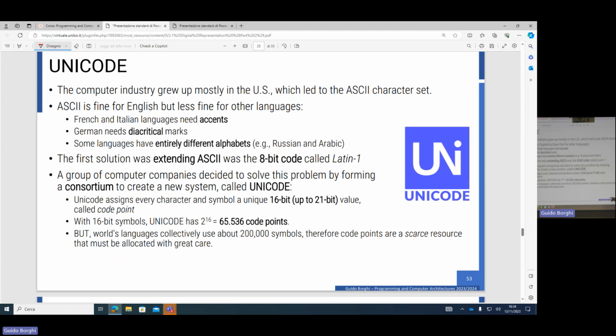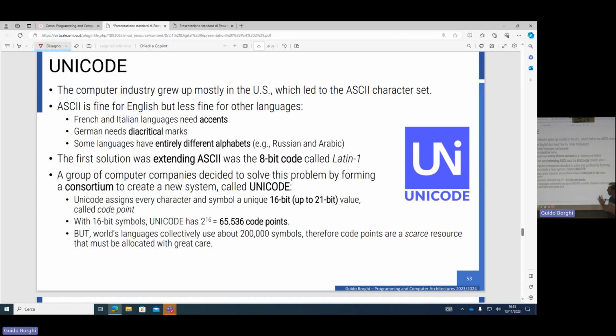In this case, we have a 16-bit code, so not 8, not 7, but 16 bits, and some different extensions of Unicode go up to 21 bits. But in the base version we have 16-bit symbols, and then we have this amount of different characters that we can have in this standard.